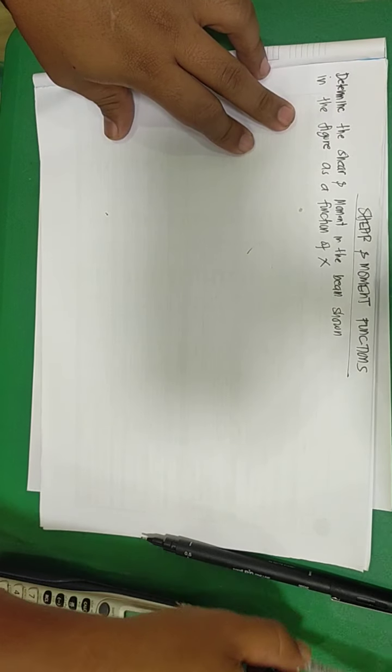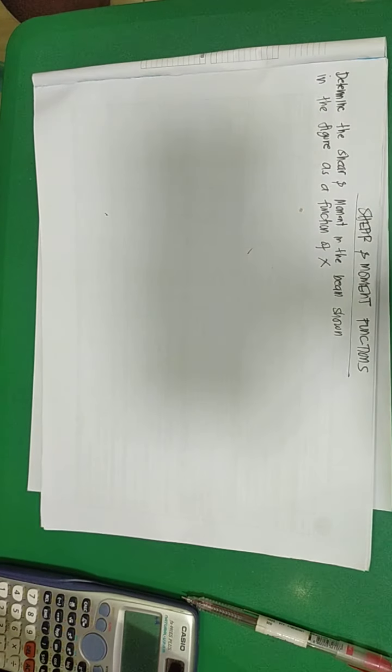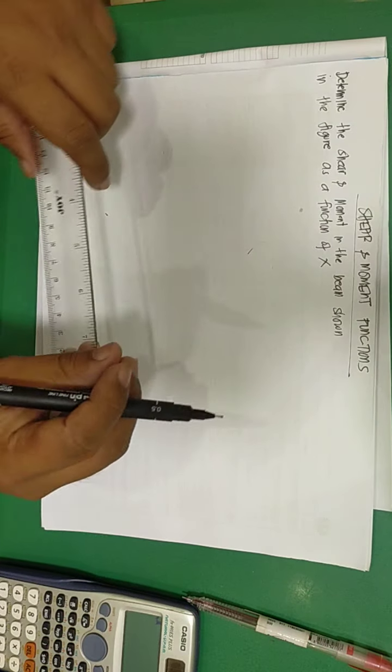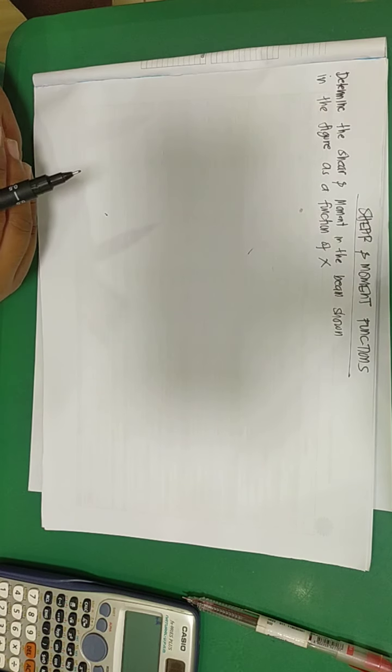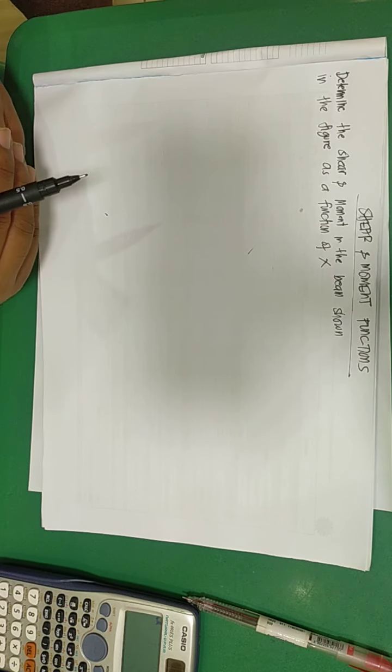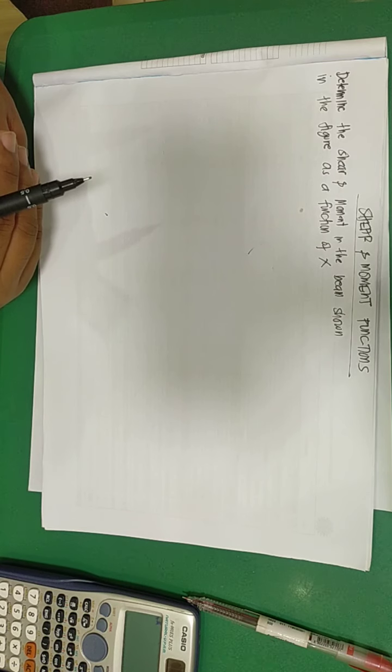So we want to determine the shear and moment in terms of x, and what will be the significance of this? If you have these functions, you can now determine the shear and moment at any specified point.